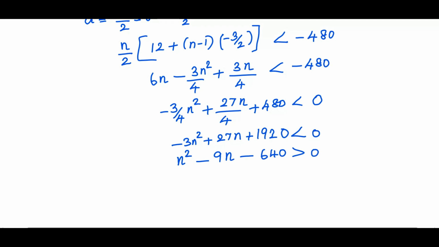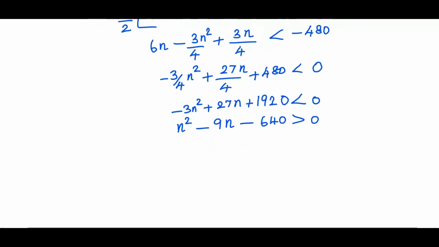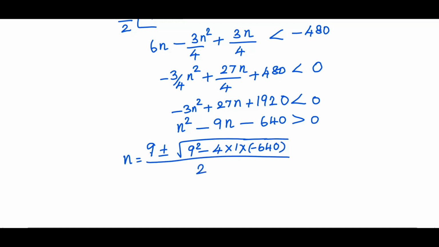Now let's find the value of n by using the quadratic formula. 9 plus or minus the square root of 9 squared minus 4 multiplied by 1 multiplied by negative 640, divided by 2. We get the n value as 30.19.